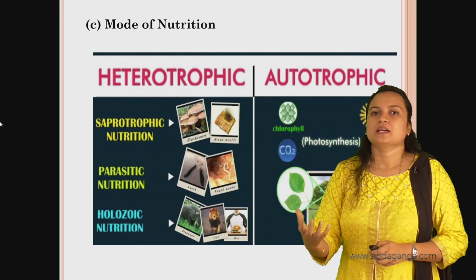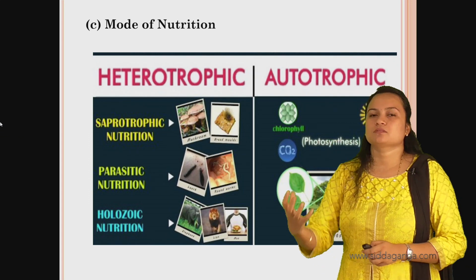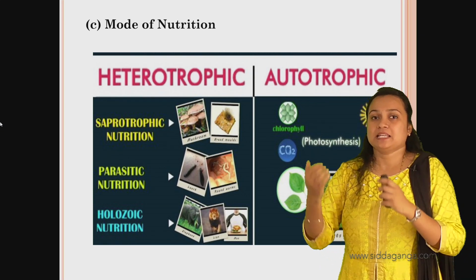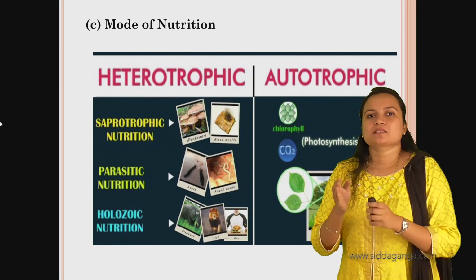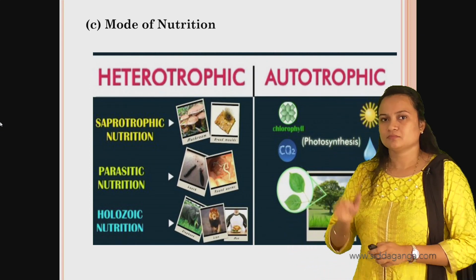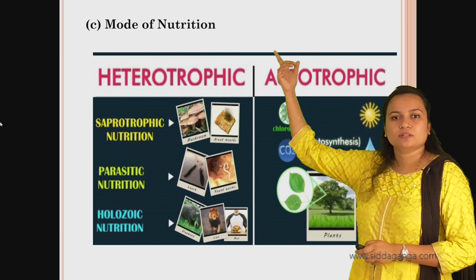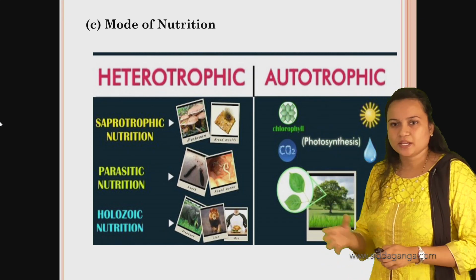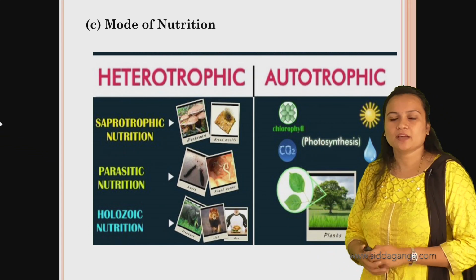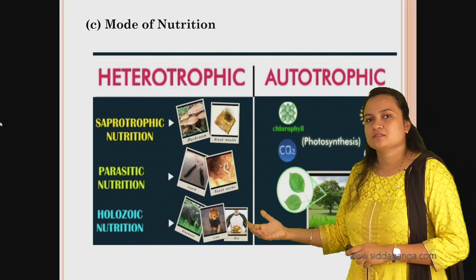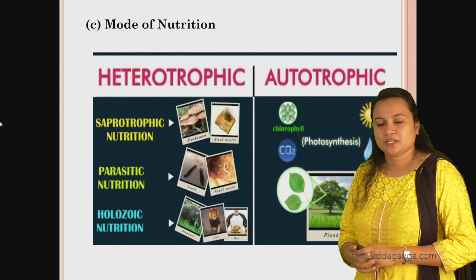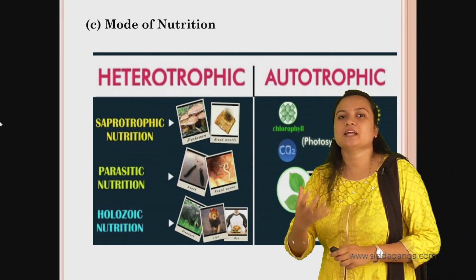These organisms take the complex food source, they eat it, and inside the body the complex food is broken down into simple molecules. So that is the nutrition. These are the different types of mode of nutrition. Okay, so can you see the difference? Can you see the different types of taking the food itself, right? Here nutrition means the digestion process.